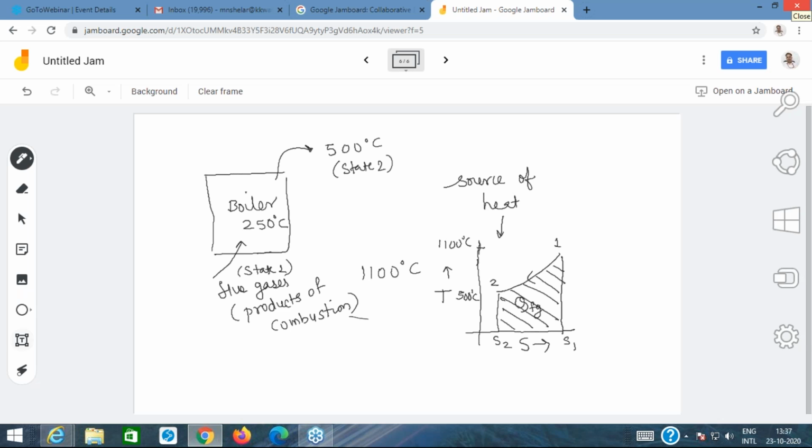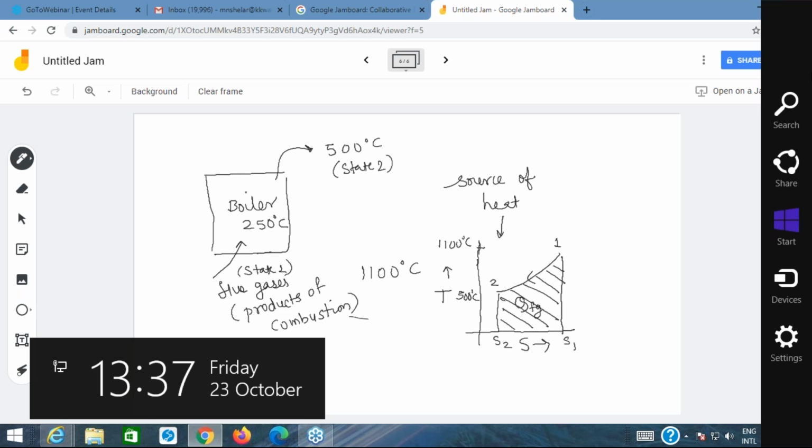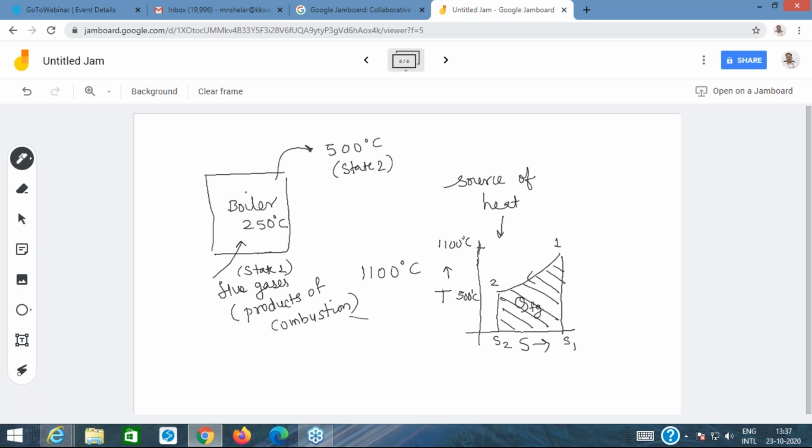So I can calculate the heat which is transferred by the flue gases to the water inside the boiler for boiling that water by the expression mass of flue gases, specific heat of flue gases, and in this problem, it would be 1100 minus 500, delta T. Generically speaking, it is m Cp delta T. Thank you, Tanaya.